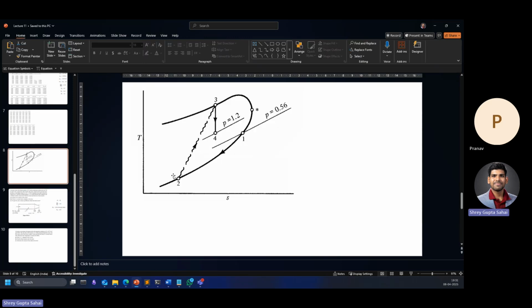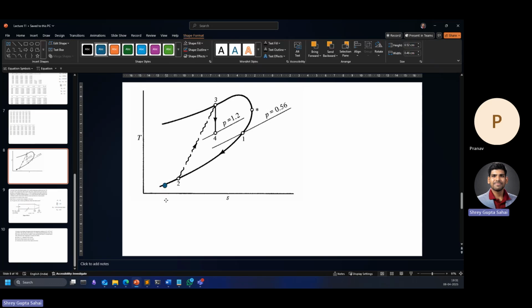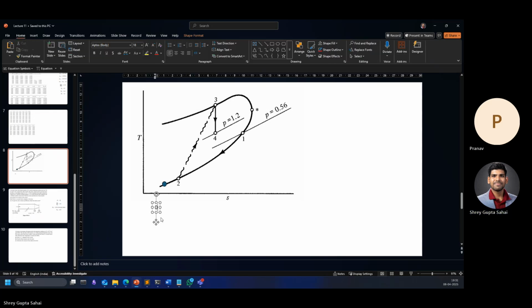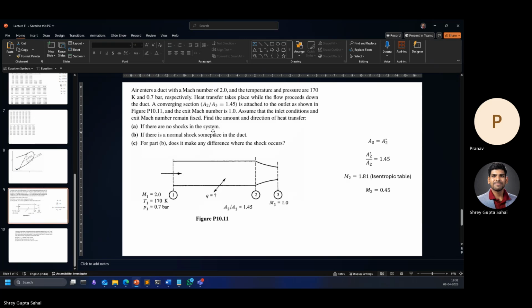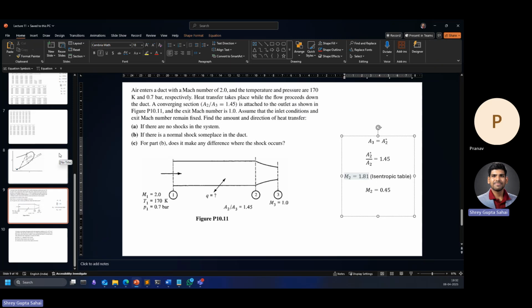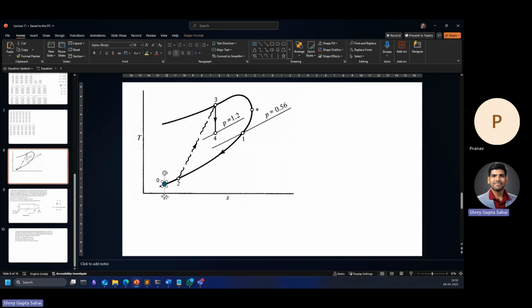For that, we'll have to go here and suppose that we are somewhere, and we don't know the exact location of 2. Say we are somewhere at 0. Initially we had this, and the final value will be some Mach number.